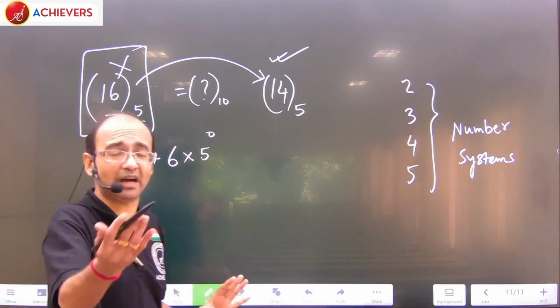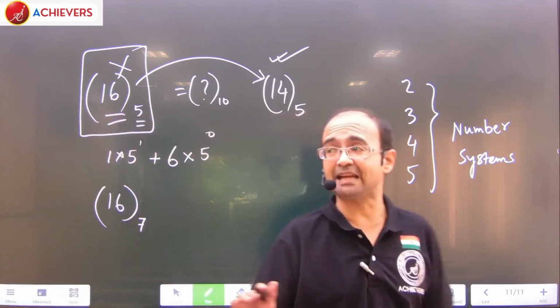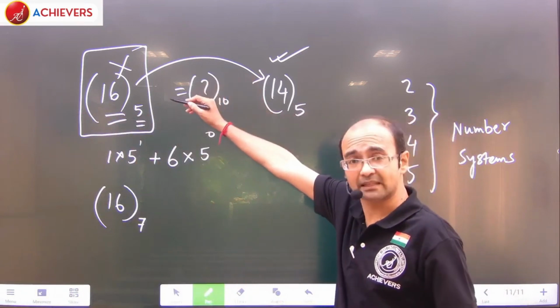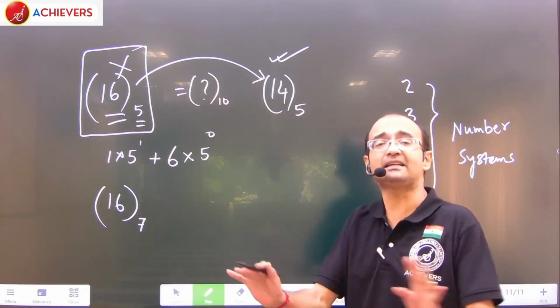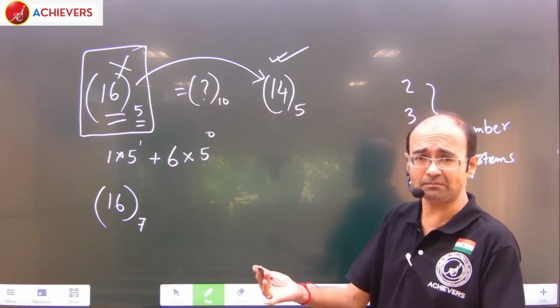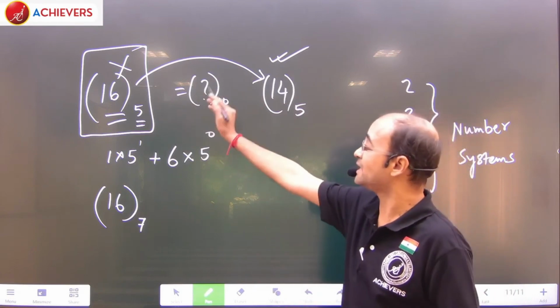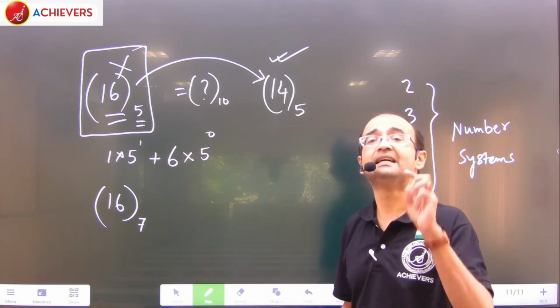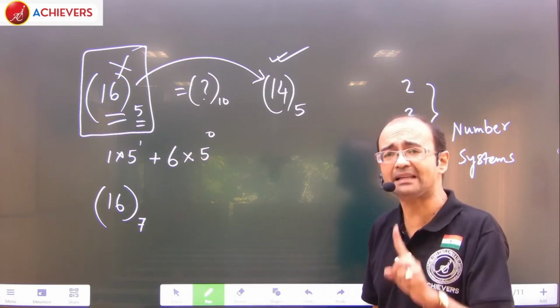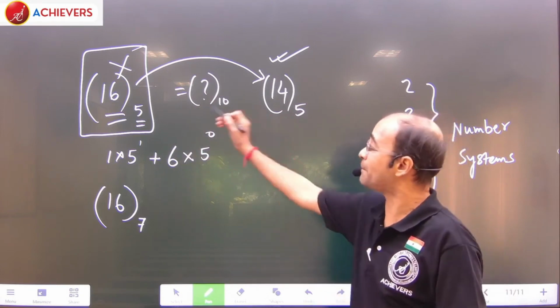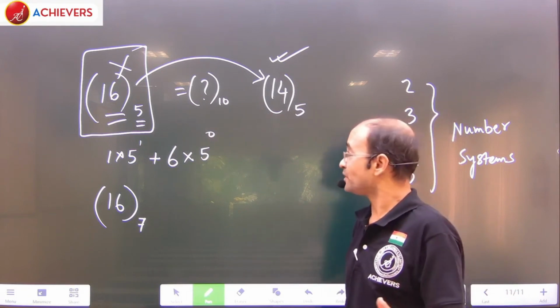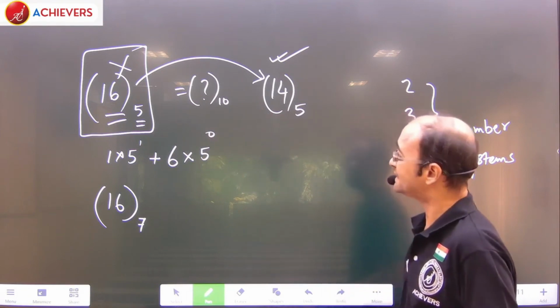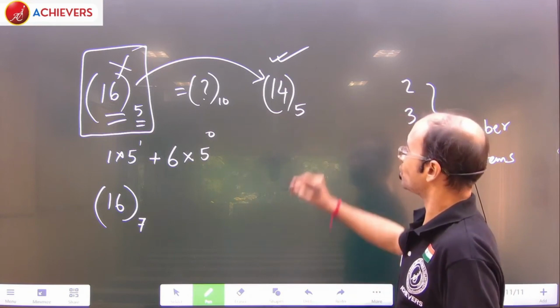So in your viva or in your interview, if this type of confusion is made, then you can directly say, sir or madam, this is not a number based on base 5. Base 5 will be carrying digits which are at least 1 less than that base. So that is how we define this particular code.